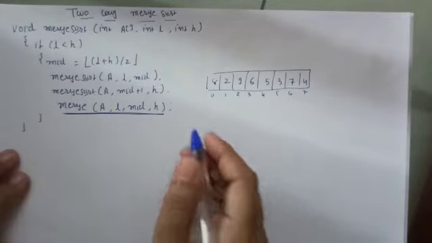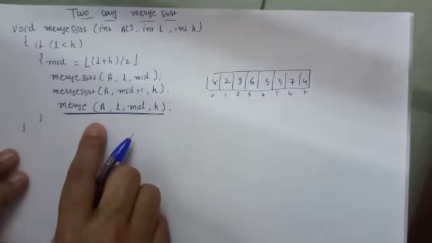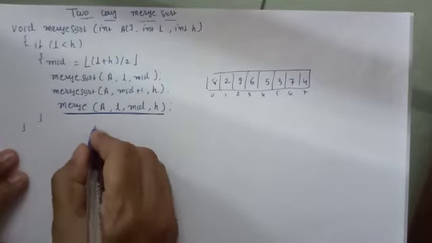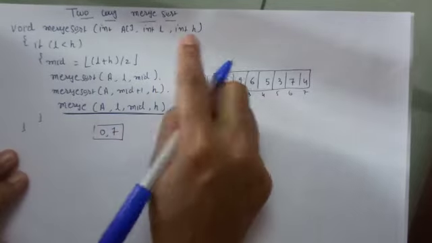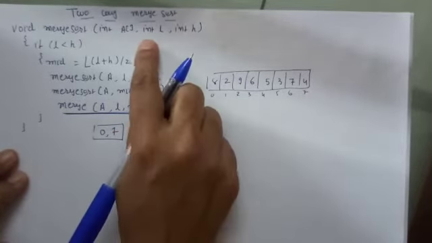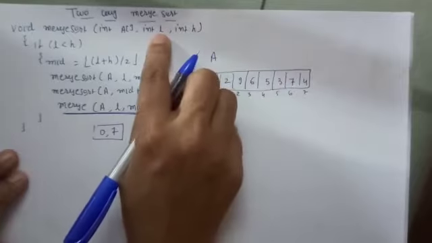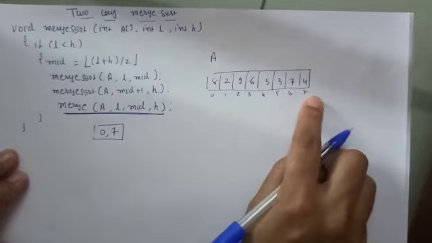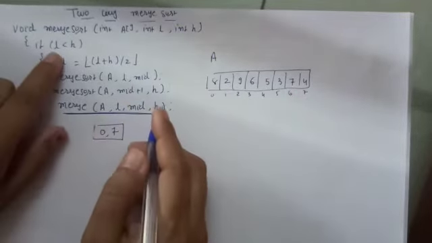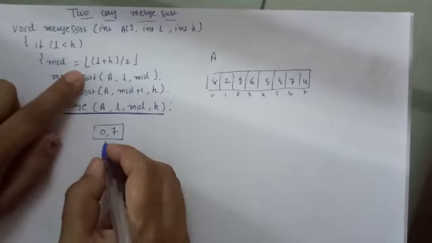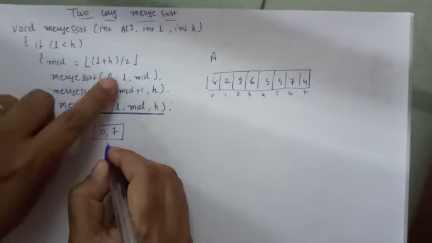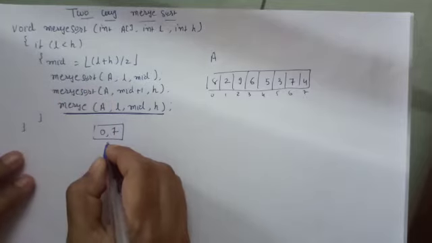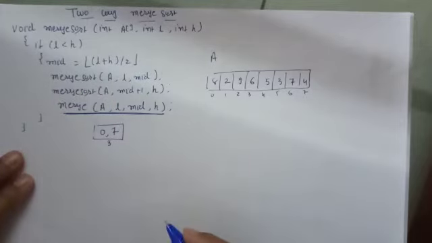Now let us prepare a recursive tree, then things will be clear. I call merge sort for array A, lower bound 0, higher bound 7. L is less than H, so I find the mid: 0 plus 7 divided by 2 with floor, so my mid is 3.